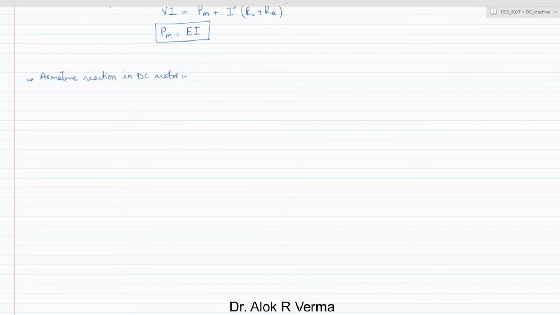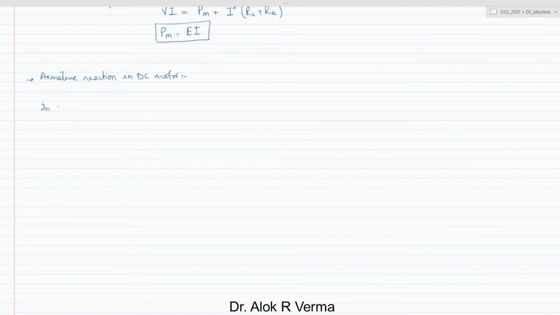In a DC motor, the armature reaction is, as usual, the effect of armature flux on the main flux. In a DC motor, the resultant flux gets strengthened at the leading pole and weakened at the trailing pole tips. So you have to remember this. Let us write this down.